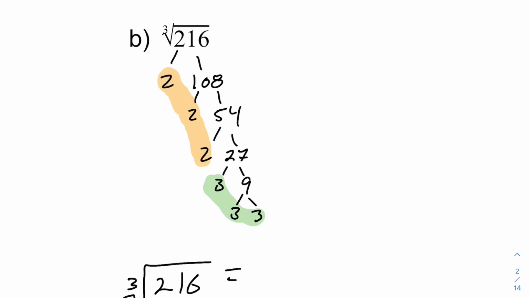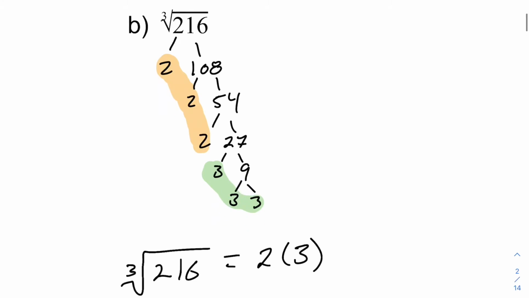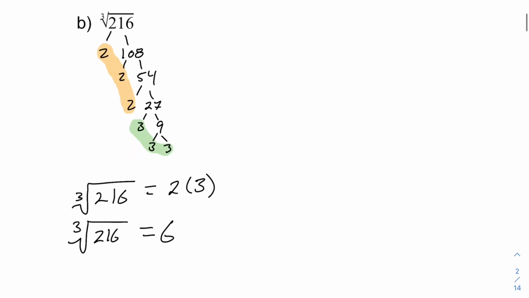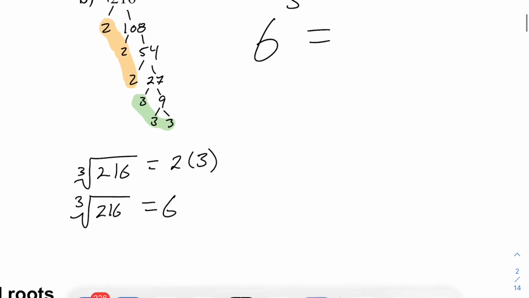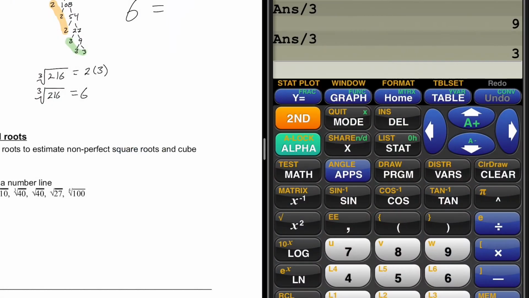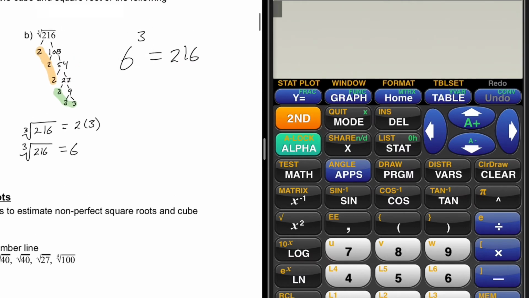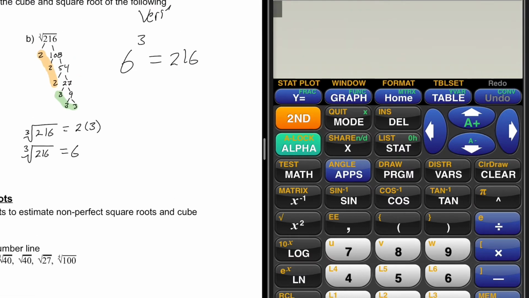So here I'm going to say this represents 2, and then times 3. So the cube root of 216, 2 times 3, gives me 6. We can check that because 6 cubed equals, let's check in my calculator, 6 to the power of 3 gives me 216. So that is correct. I've essentially verified my solution there.